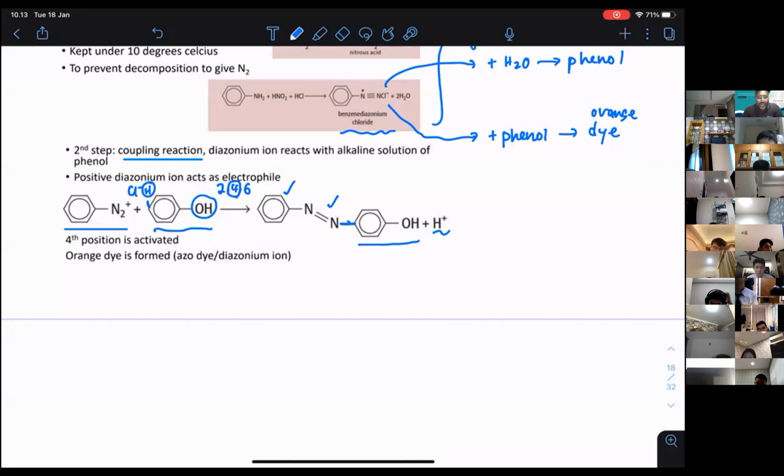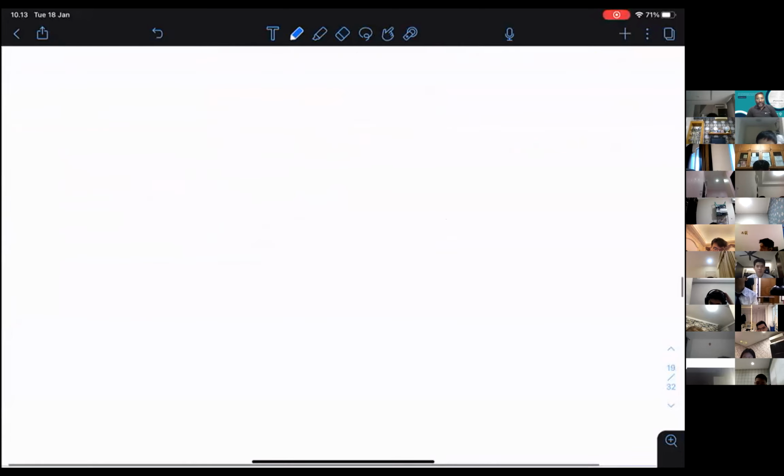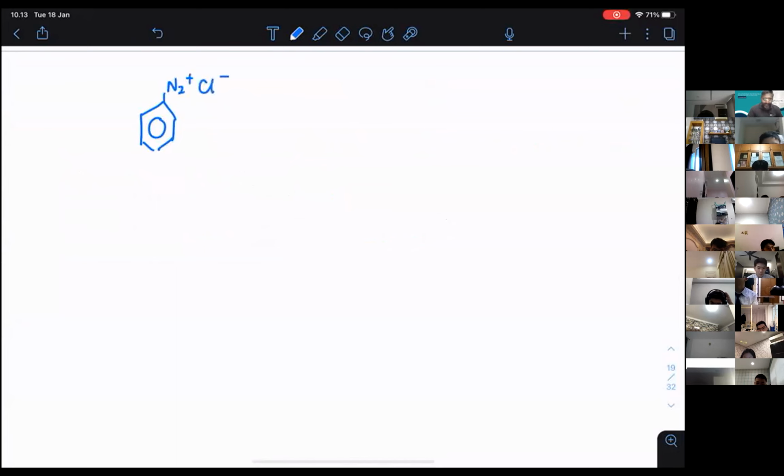If I draw for you again, initially I have this N2 plus Cl minus, the benzene diazonium salt. I am going to react with phenol. This is normally how we write it. If you want to write it another way, I leave it to you.